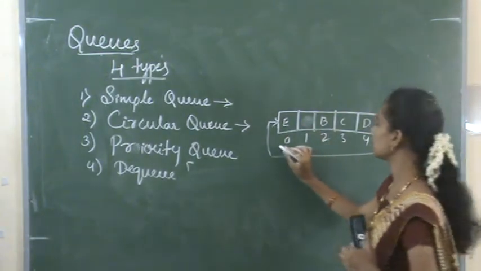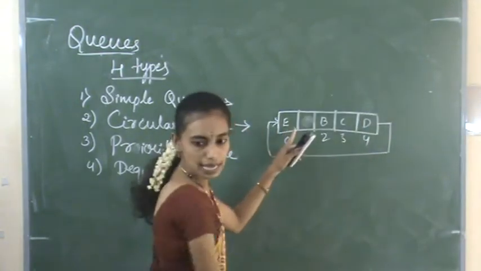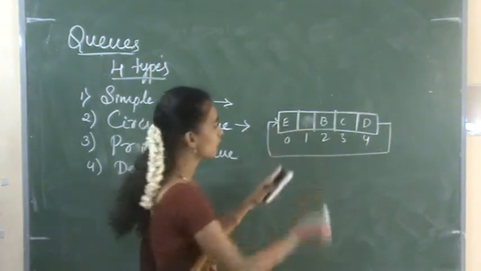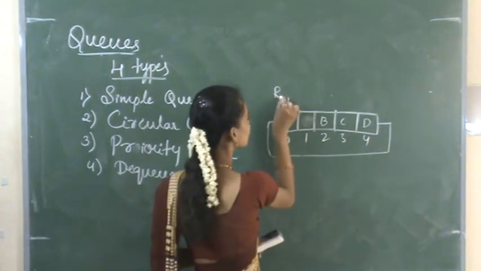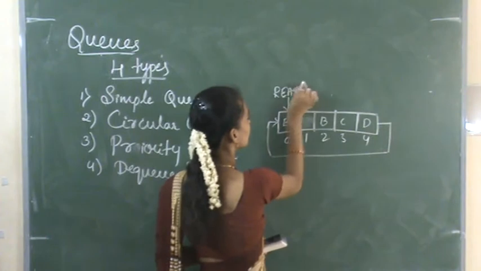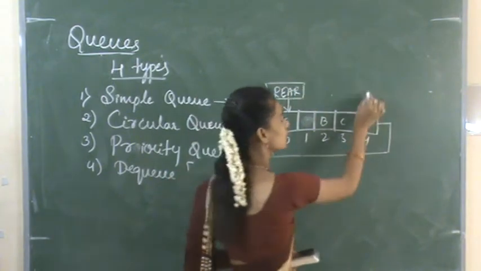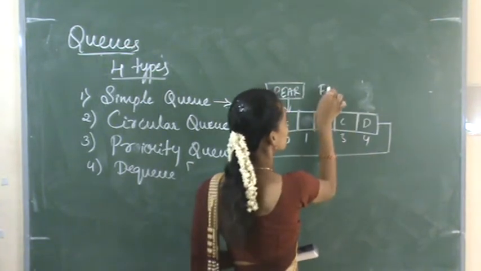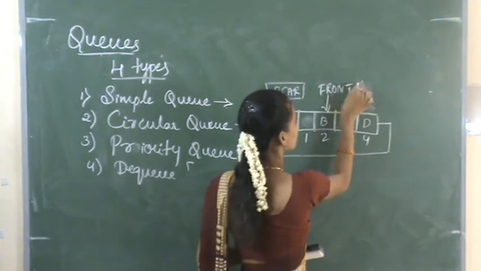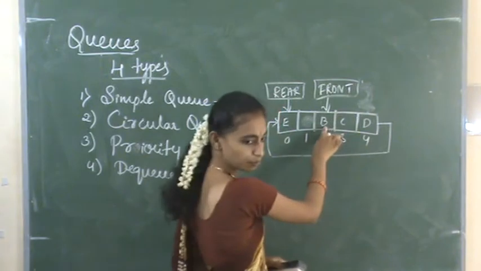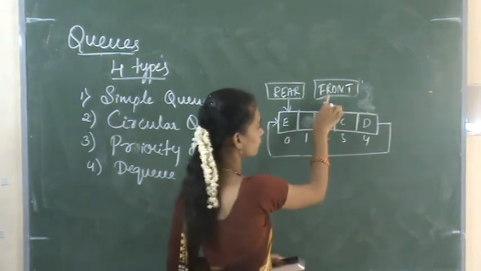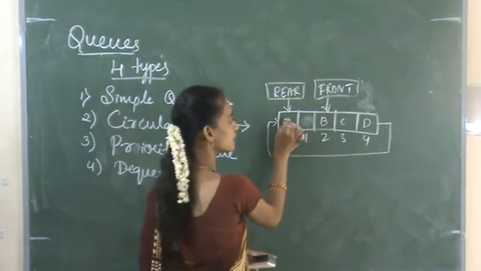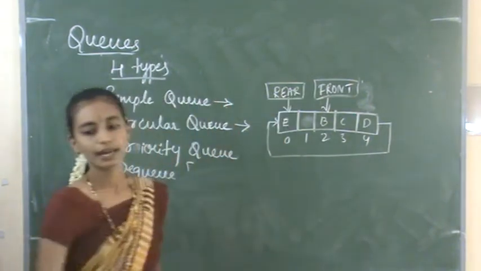In this circular queue, this is the last element we inserted, right? So this becomes the rear end, and this becomes the front end. The first element I inserted is B, so this is the front end. The last element I inserted is E, so this is the rear end.